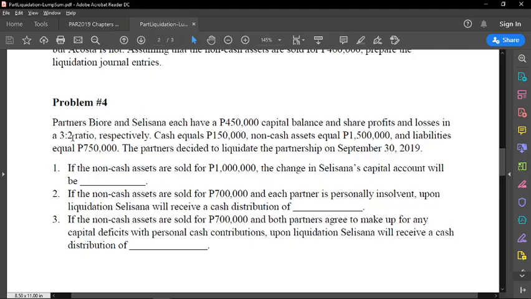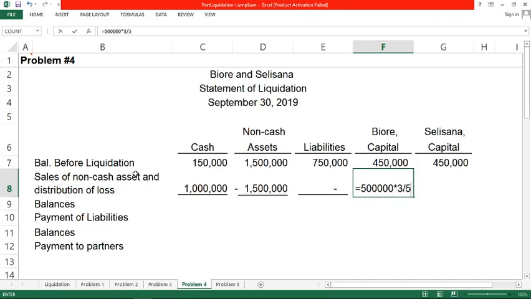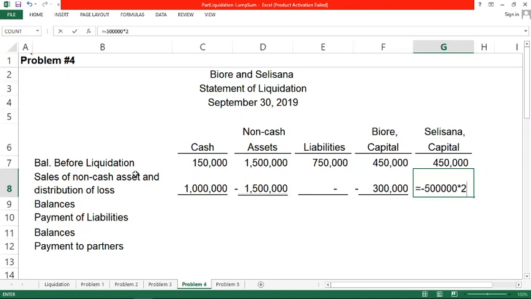Biore will shoulder 3:2, so that is 3 over 5 of the loss. And then Celisana is going to shoulder 2:5, so that's 200,000 loss.